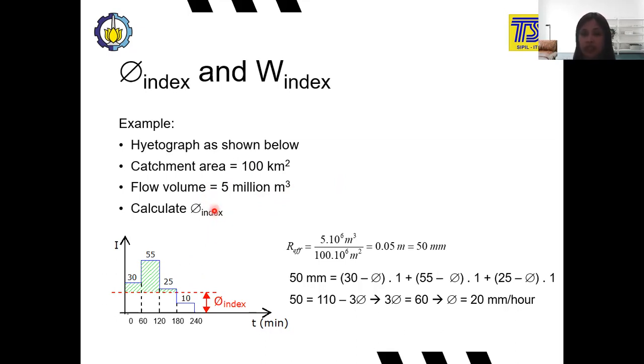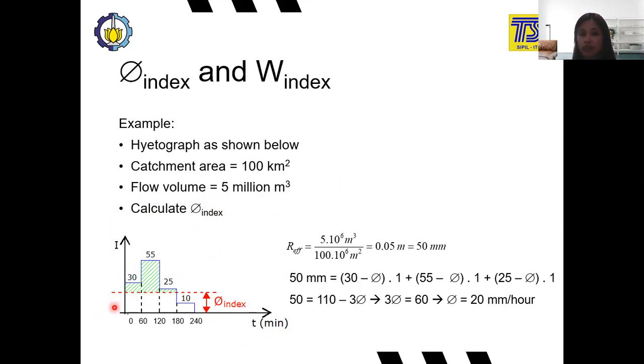How can we calculate the P index from this data only? Here we already know the rainfall intensities: 30, 50, 30, 55, 25, and 10 millimeters per hour. At first, the P index is not right here. So for this example, at first there's no line here.